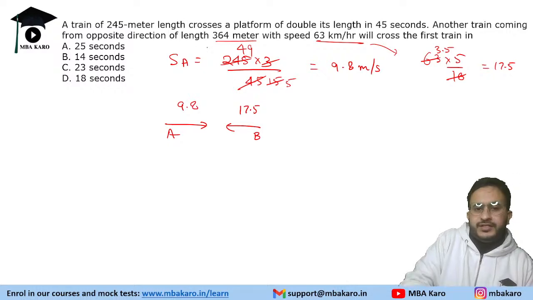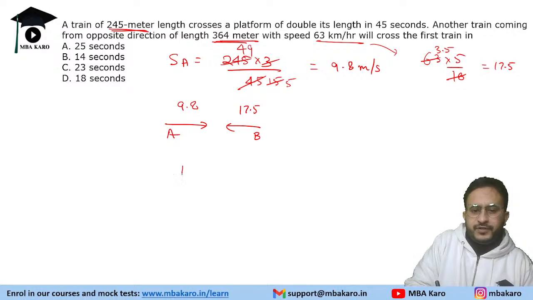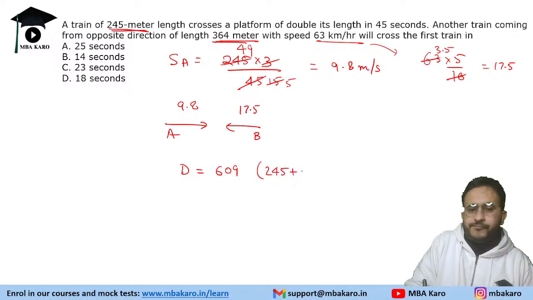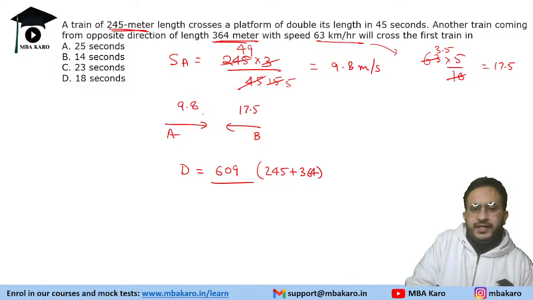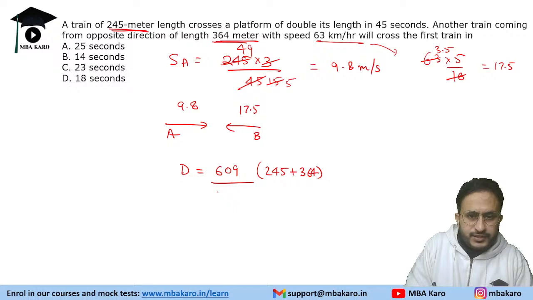The total distance is 364 plus 245, so distance is 609, and the speed is 9.8 plus 17.5, that is 27.3.